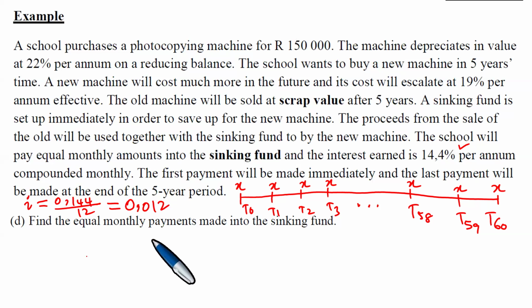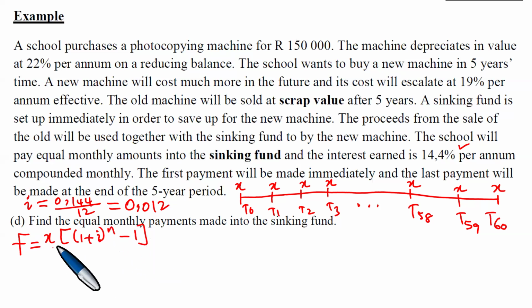Okay. This means that we know that the future value is F equals X times (1 plus i to the nth power, minus 1) divided by i.